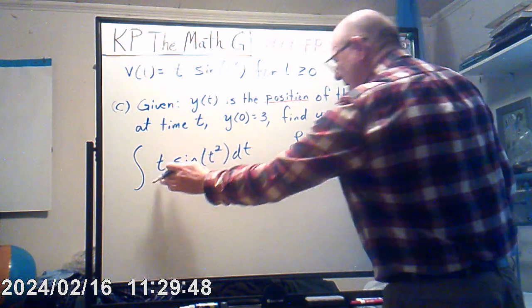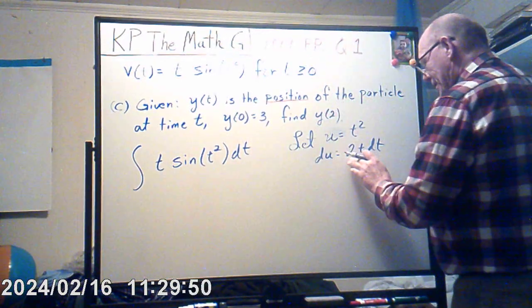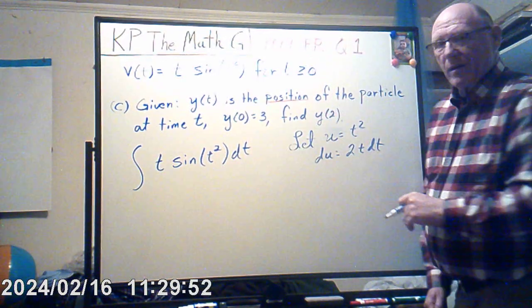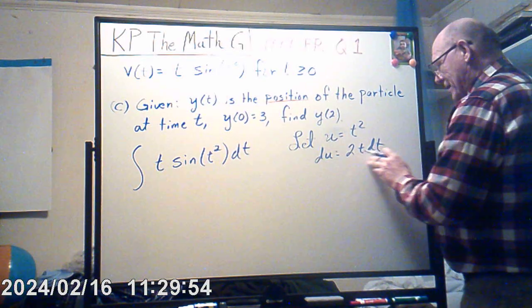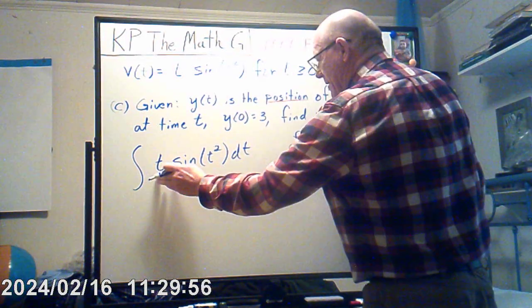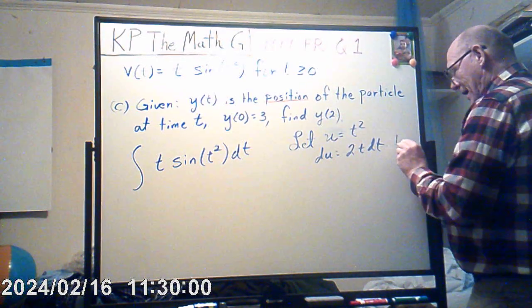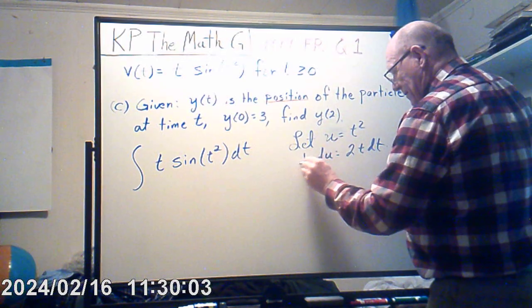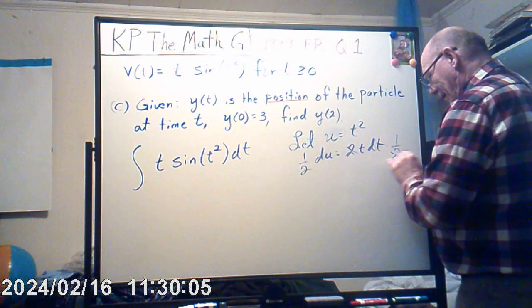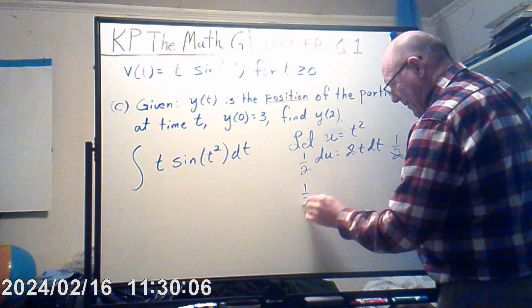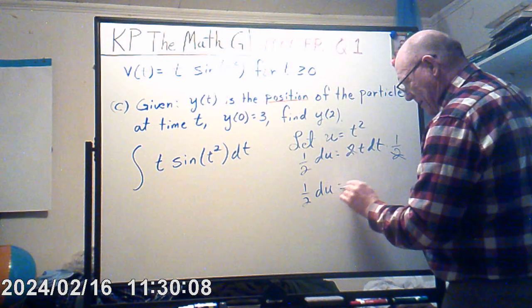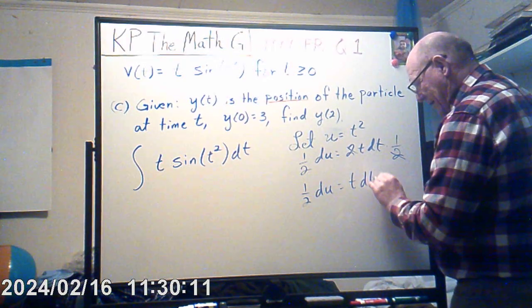We have t dt, so we just want to get rid of this 2. We have 2t dt here, we need just t dt. So we multiply both sides by 1/2. That divides out, so 1/2 du is equal to t dt.